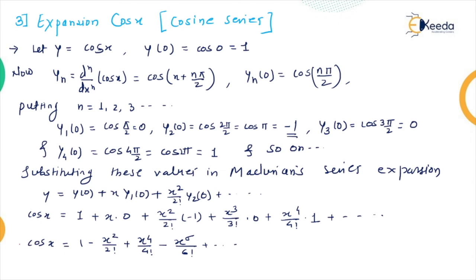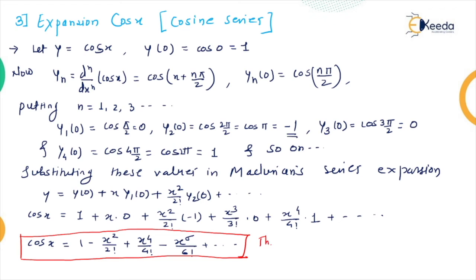This is the series expansion of cos x by using Maclaurin's series. So this series is called the cosine series.